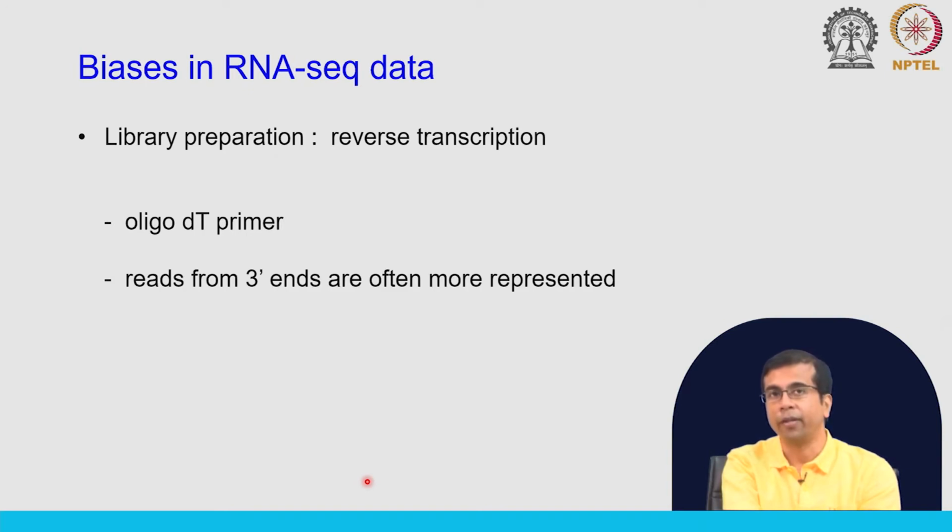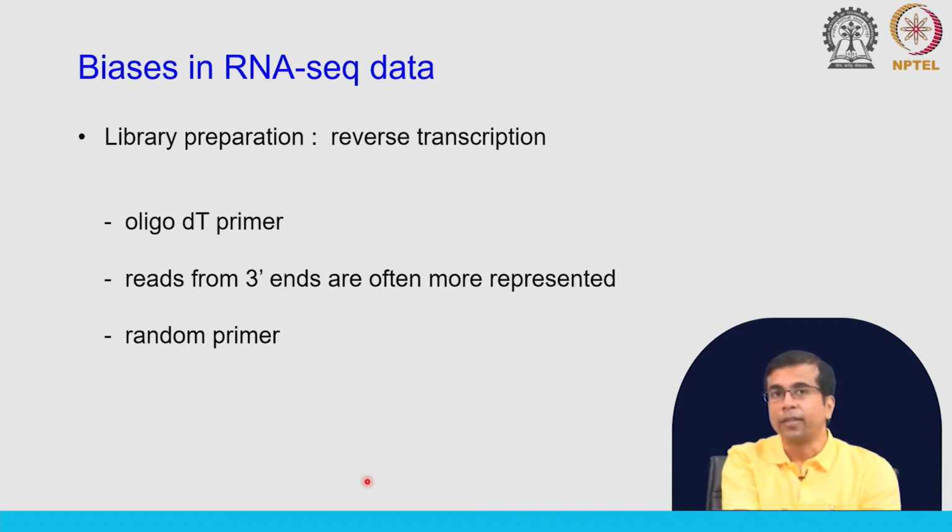So, what you will see when you use this kind of oligo-dT primer is that only certain parts from the 3' end of the RNA will be amplified, and maybe you will see a lot of over representation of the 3' end of the RNA molecules. So, you will see more reads there, and fewer reads from the 5' end. Again, we have talked about this. This means we have non-uniform coverage across the transcript.